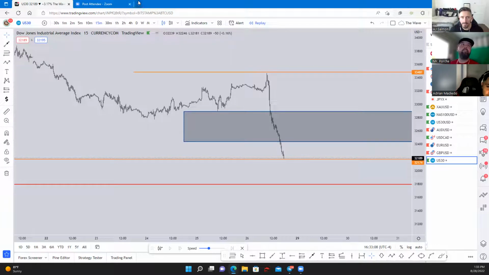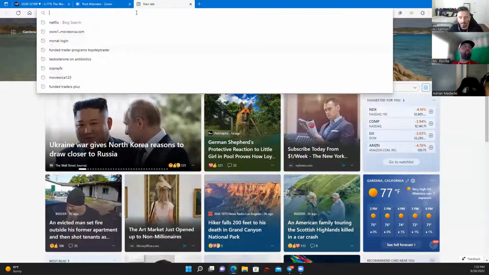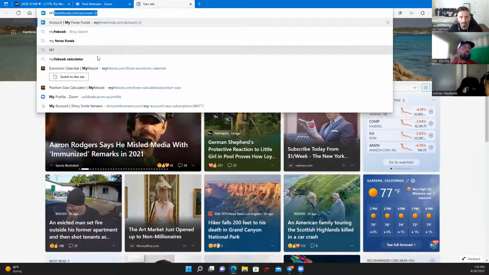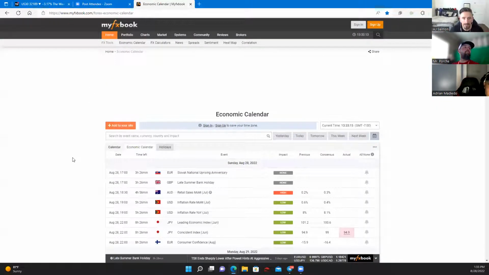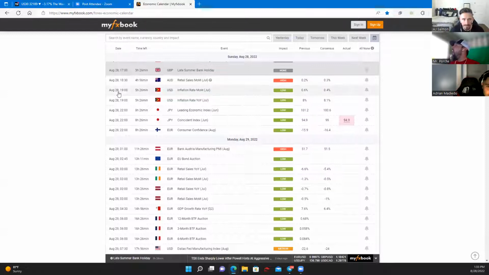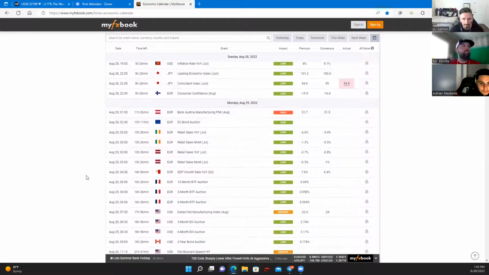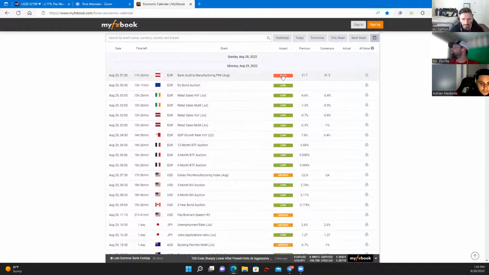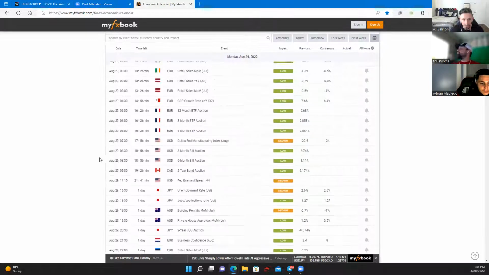My FX Book. I like it because as news is coming, it'll say check mark, check mark, check mark. It checks off everything that's happening and gives you a countdown, and of course your high, medium, low impact folders and stuff like that.